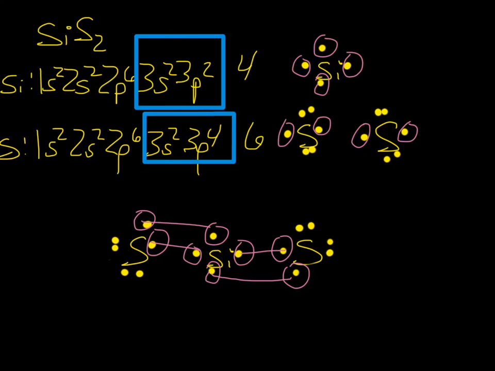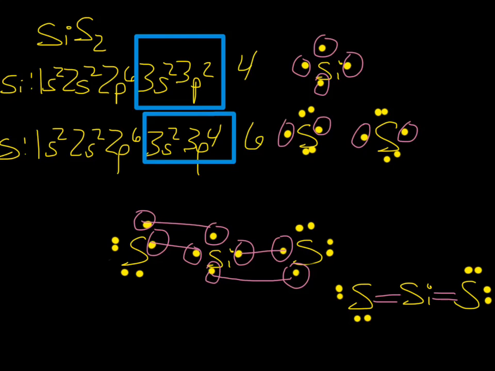So now we need to rewrite this mess. So we have S, Si, and S. Now what we're going to do is take those 2 pink lines and just shift them around right there. See what I did there? And then we can put the rest of the valence electrons.